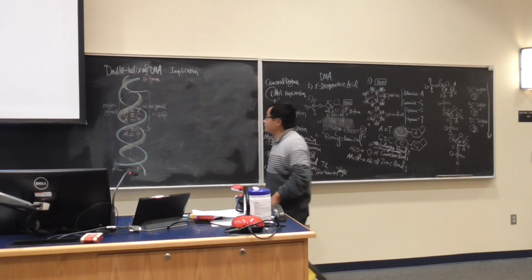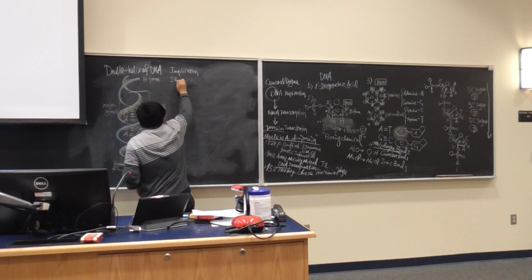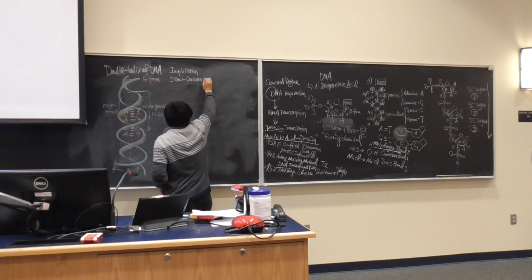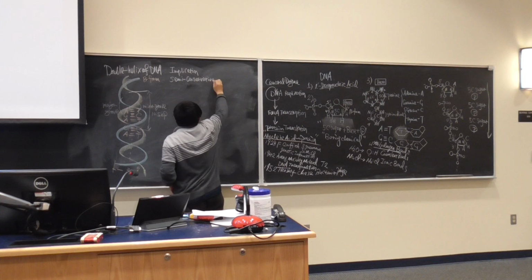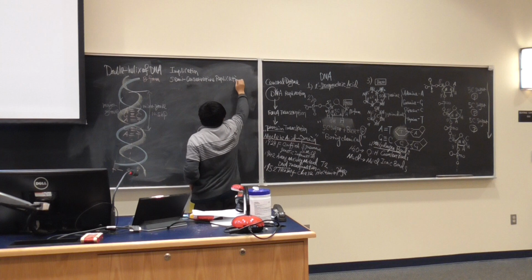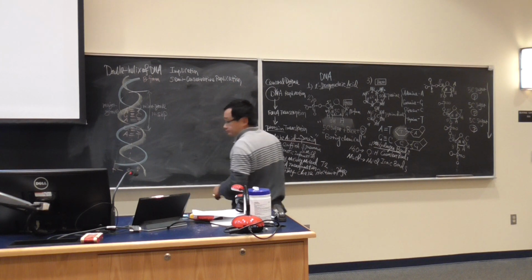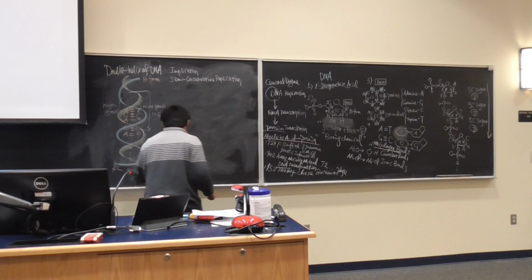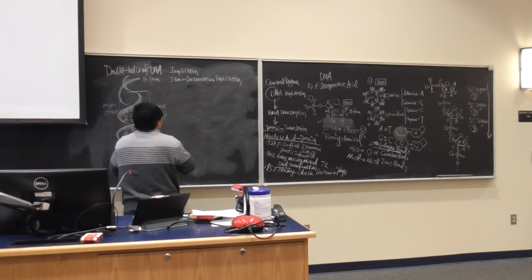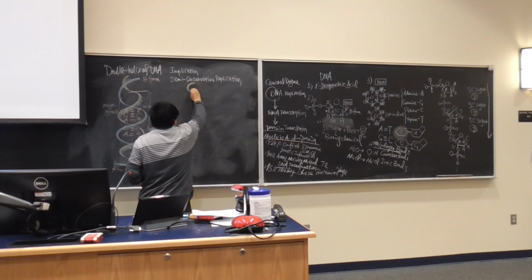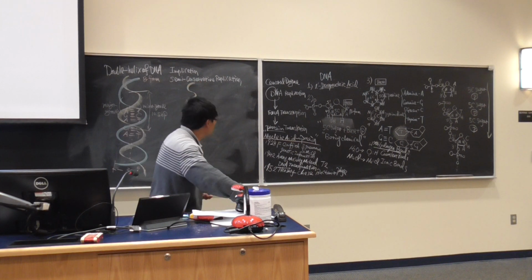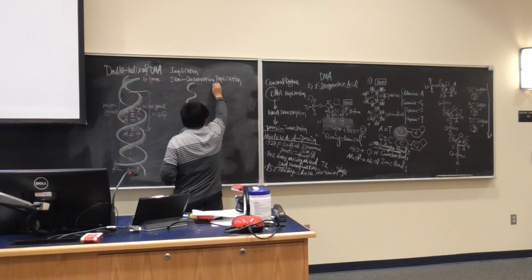Very simple, you know about it: semi-conservative replication. What is important for semi-conservative replication? When you break it down, what's going to happen? One strand will be like this, another strand will be like this.